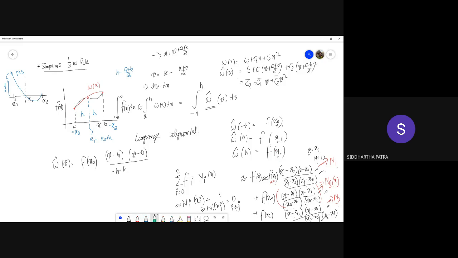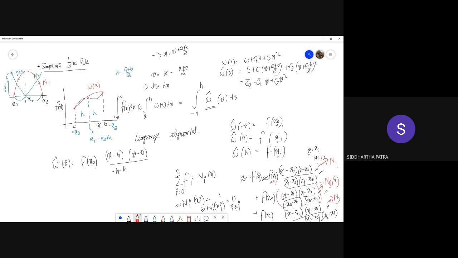This one is n2. All of these are parabolas. And this one is your n1. Okay. So, of course, at any intermediate value it has a value other than 0 and 1. But at the three distinct values, it is either 1 or 0.